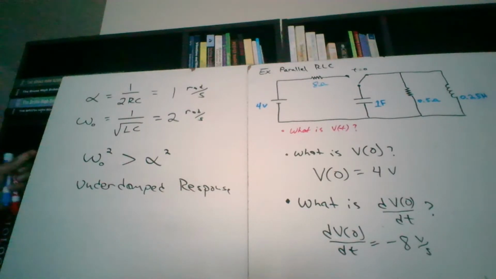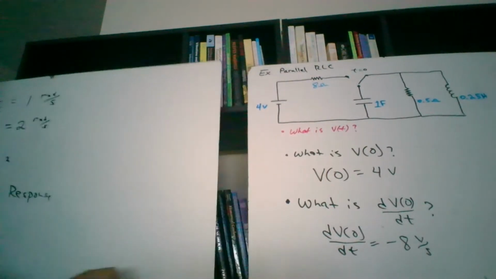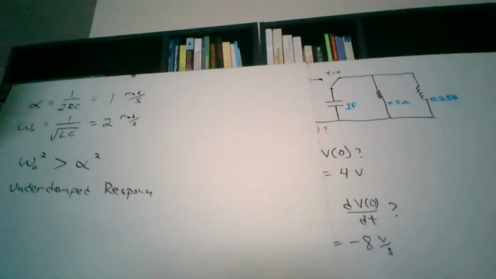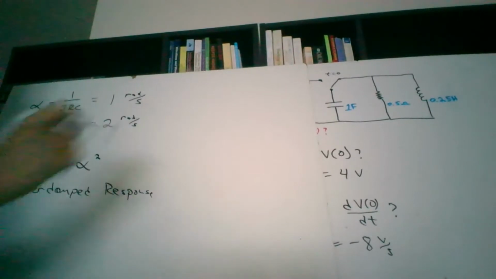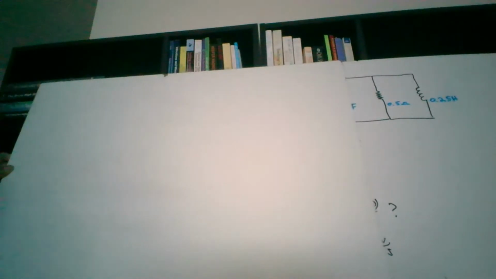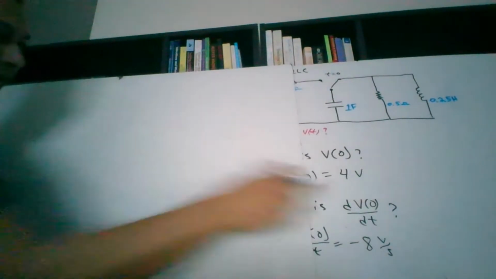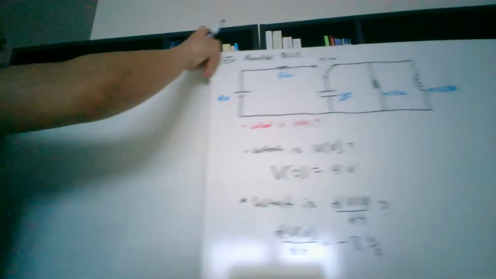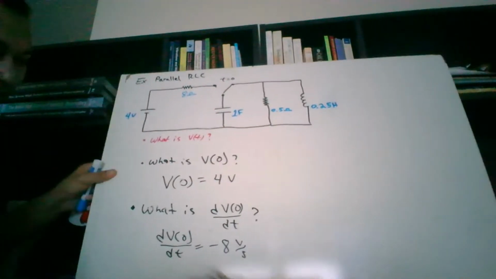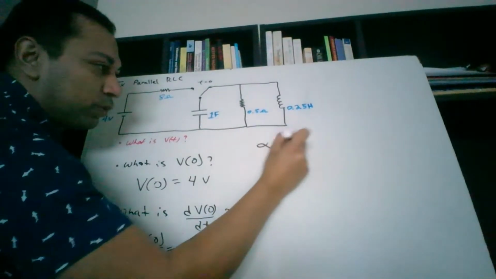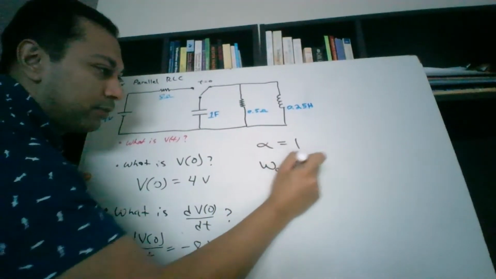And the equation that goes with underdamped responses is, where am I going to write this? All right. Ooh, I got all the space right here. So the solution to the underdamped response from yesterday was given by, I'm going to run out of space here. So let's see, I'm just going to write alpha and the other term over here as well. So alpha was equal to 1, and omega naught was equal to 2.